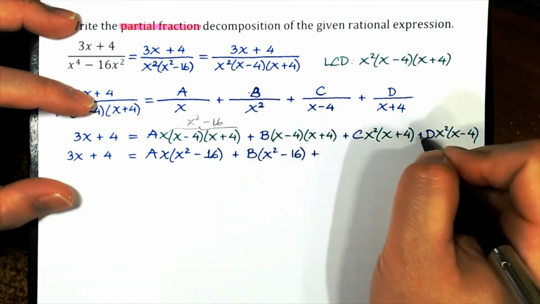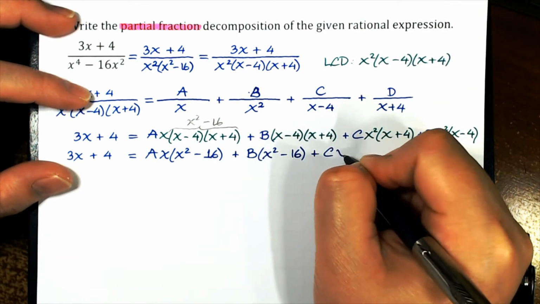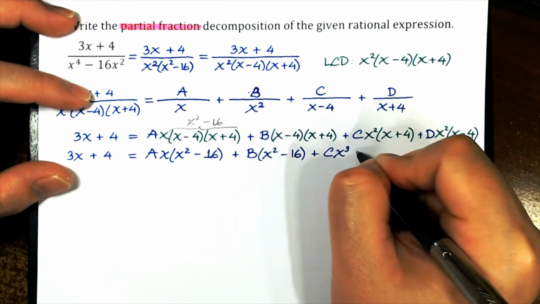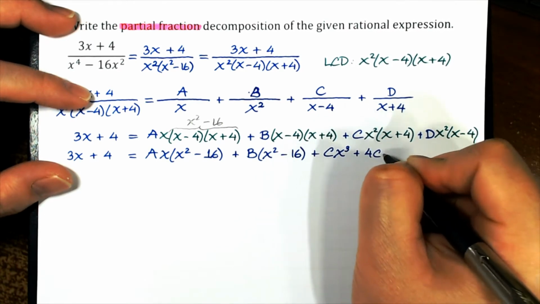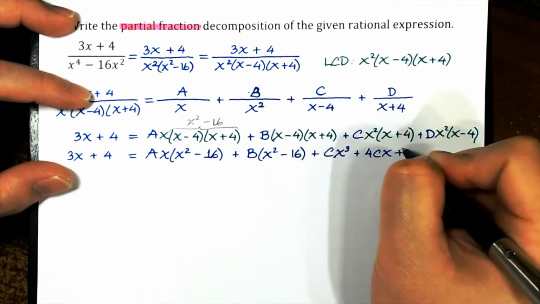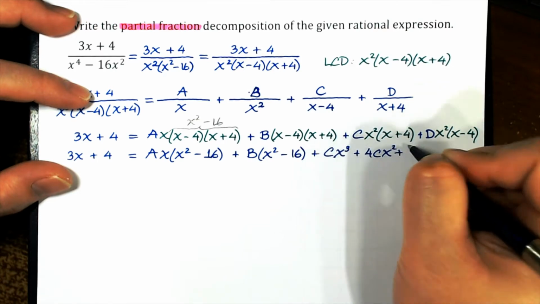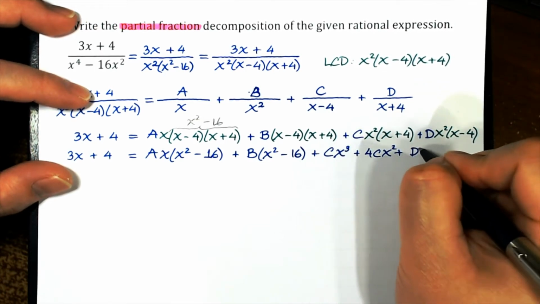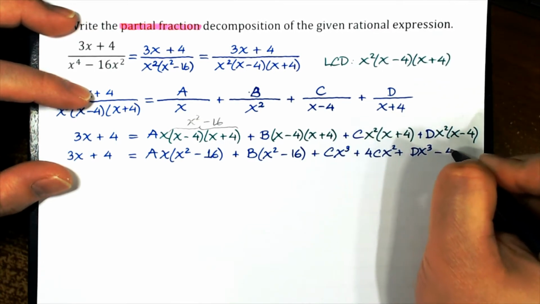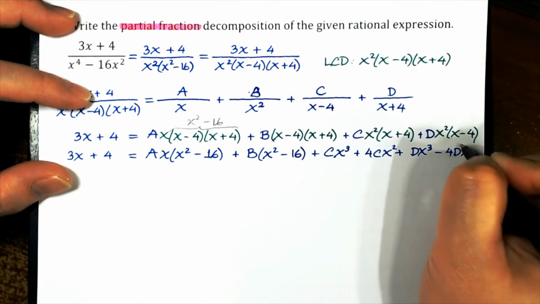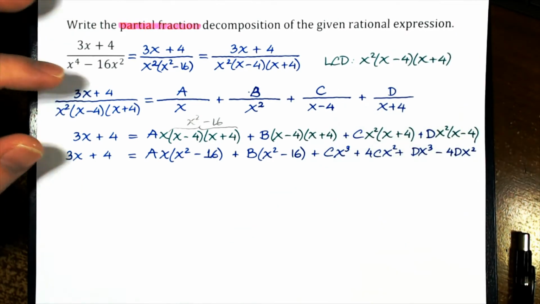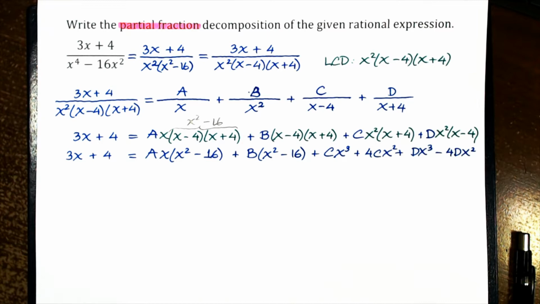And then we multiply this out, we have cx cubed plus 4cx squared, and then dx cubed minus 4dx squared.